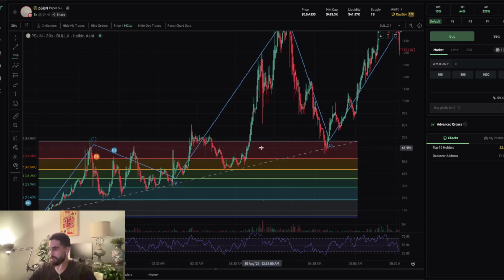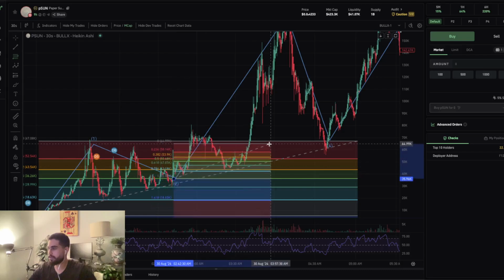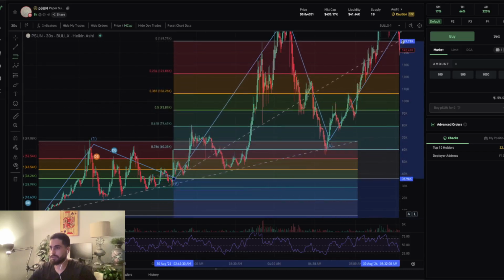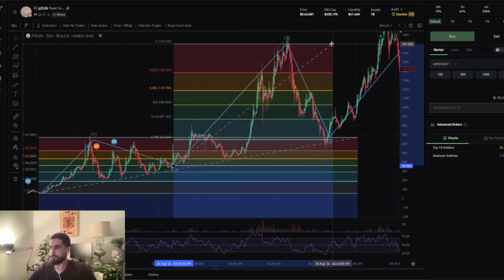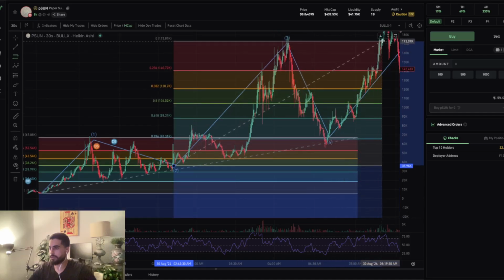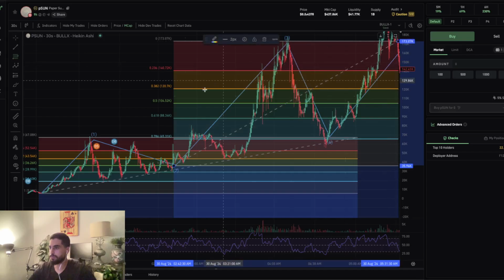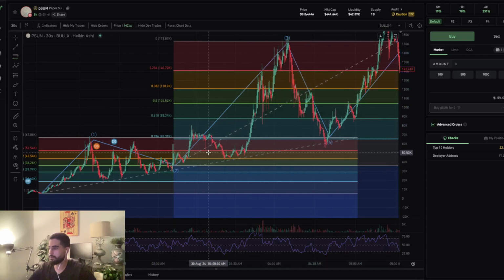Don't quote me on this, but this is just from what I'm seeing. So the next Fibonacci, I want it to be from here to the next high, which is the end of wave 3. There we go. That doesn't look too bad.